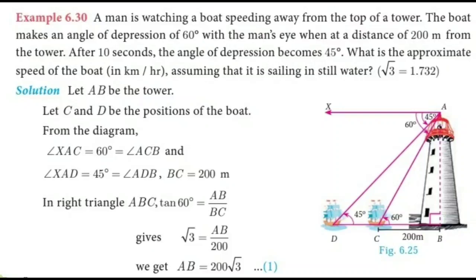After 10 seconds, the angle of depression becomes 45 degree. What is the approximate speed of the boat in kilometer per hour, assuming that it is sailing in still water. Then root 3 is equal to 1.732.